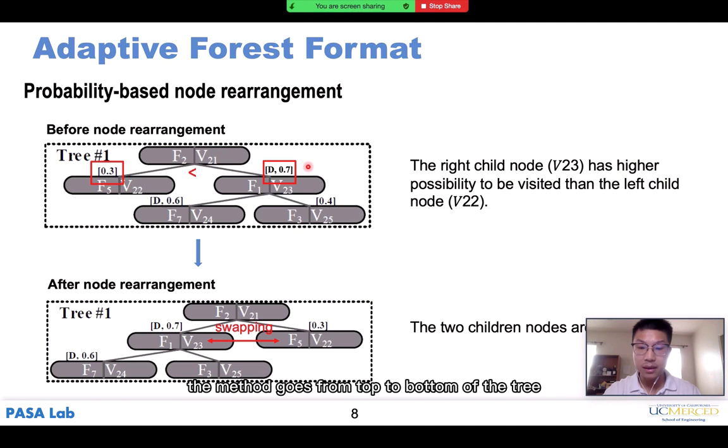The method goes from top to bottom of the tree. For this figure, the edge probability of two children nodes of the root node at the second level is 0.3 and 0.7. The right child node has higher probability to be visited than the left child node. Hence, the two child nodes are swapped.